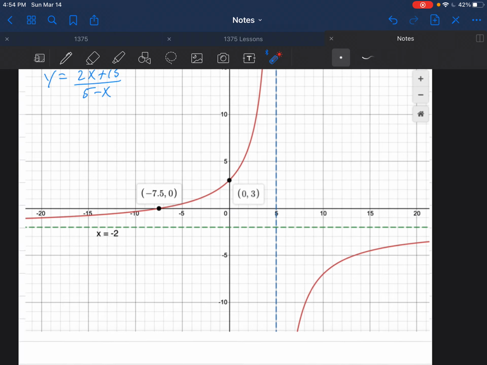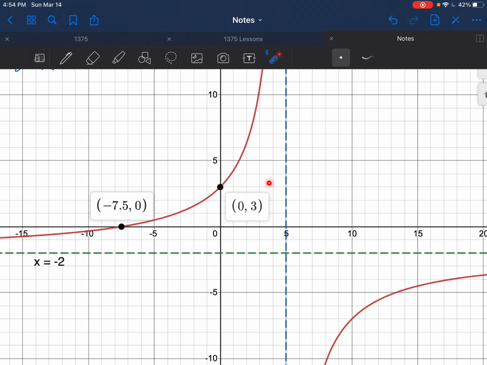Alrighty, so now that we got that fixed, we see a y-intercept at 0, 3. We see an x-intercept here at negative 7.5 comma 0. That's negative 15 over 2 comma 0. Each of these grid marks means 1 unit, and we have an origin right over here. So if we go 2 spaces down, we see this horizontal line, which is y equals negative 2.